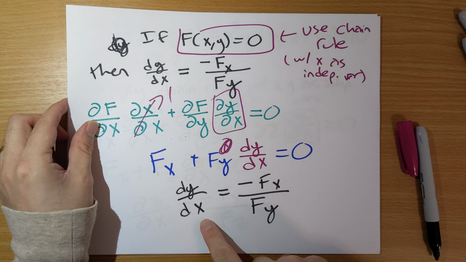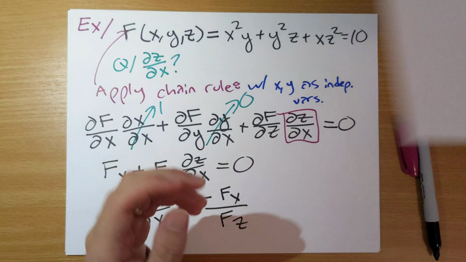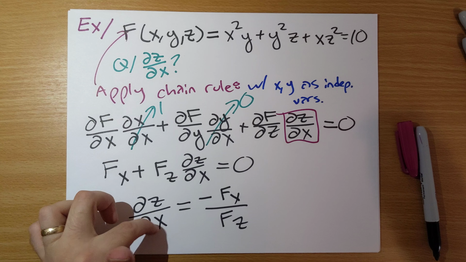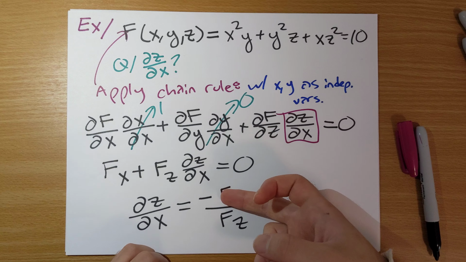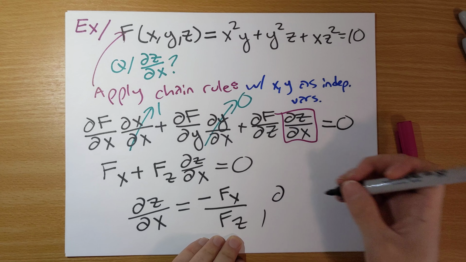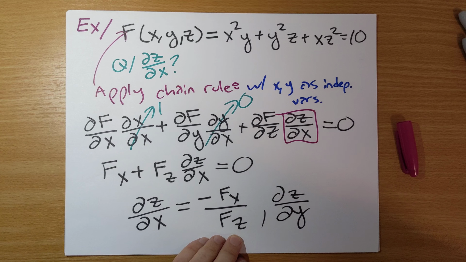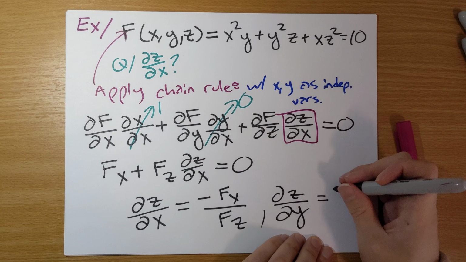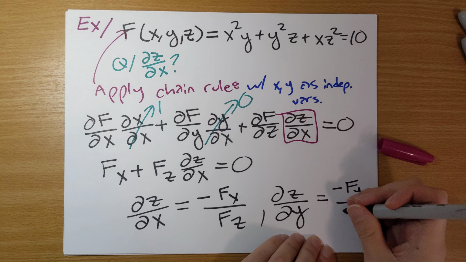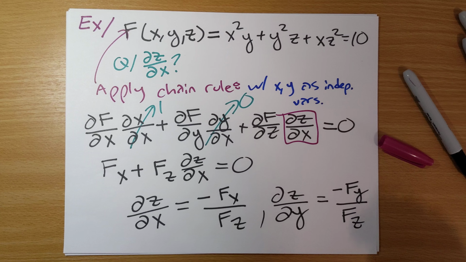The derivative of y with respect to x is the negative x partial derivative divided by the y partial derivative. Derivative of z with respect to x, partial signs here, is the negative x partial derivative divided by the z partial derivative. And similarly, I won't go through all the steps here, the partial derivative of z with respect to y will be the negative y partial derivative divided by the z partial derivative.